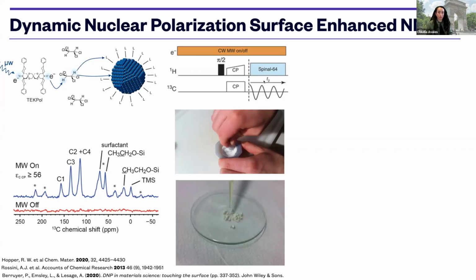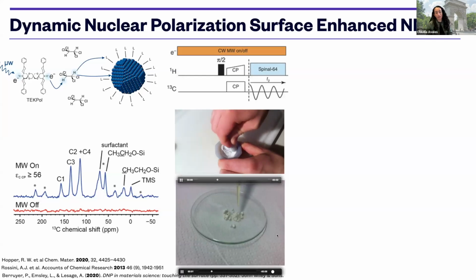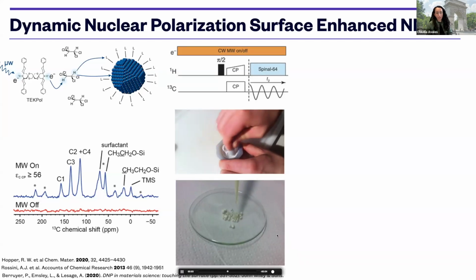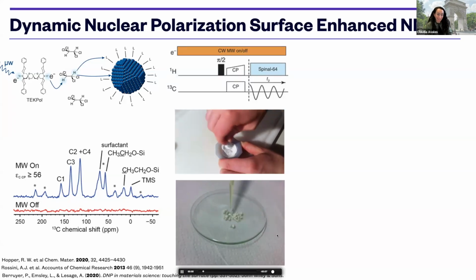So this is just a typical DNP CP MAS experiment. If you're working with films, you'll typically grind the films down, and then add your solvent that contains the radicals for your DNP experiment.